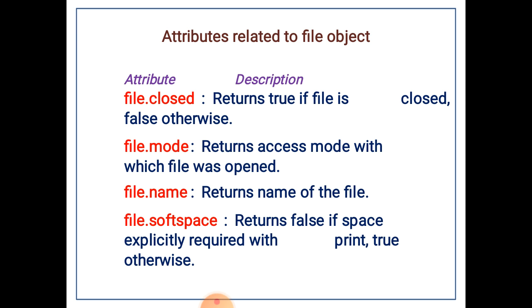So these are the attributes that are related to the file object. Remember that the file object gives us the information about that file. Here we saw the information given out by the file object: file closed, file mode, file name, and file soft space.